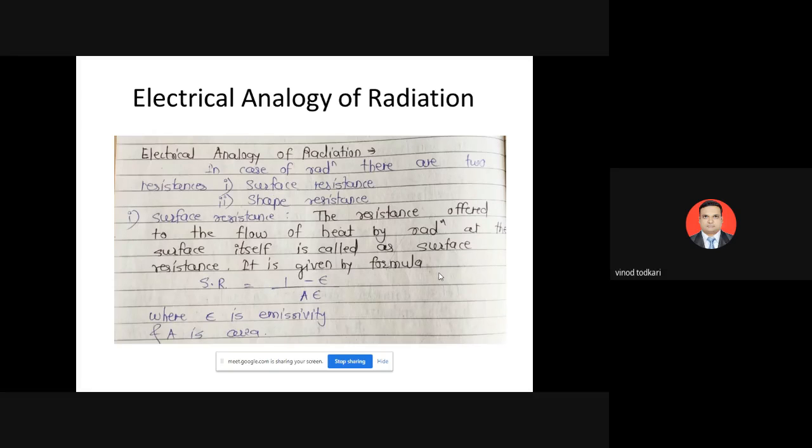Now, before starting this, let me tell you where you will apply electrical analogy of radiation: wherever the heat flow is by radiation. Being engineering students, we have to apply the concepts of conduction, convection, and radiation. If you are designing insulation for a steel pipe, say steam is flowing through it, you have to find the thickness of insulation so that the heat loss is reduced.